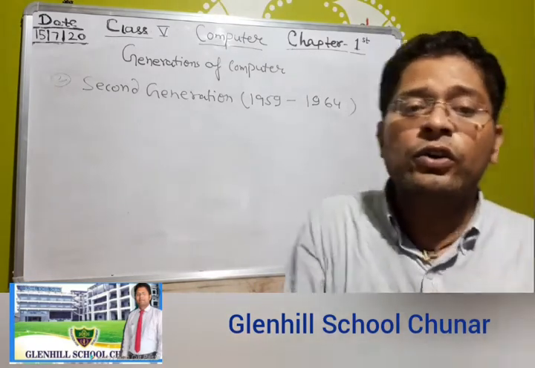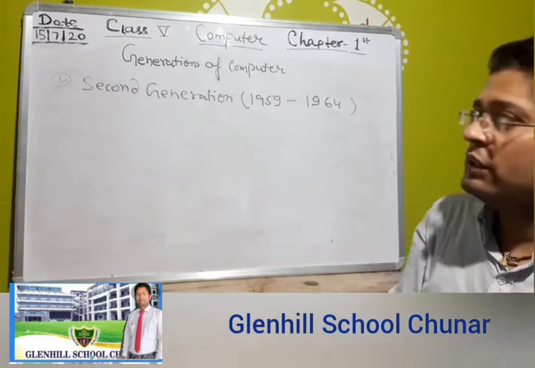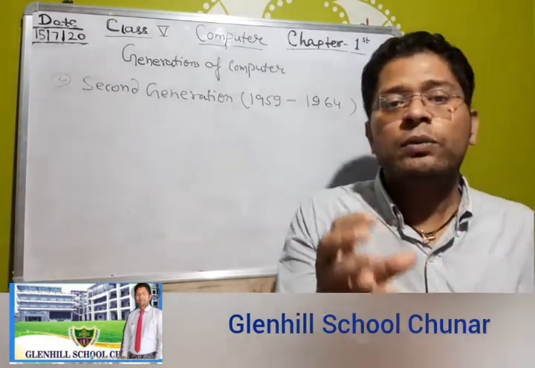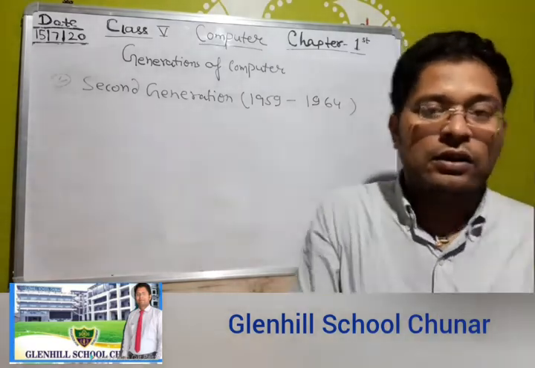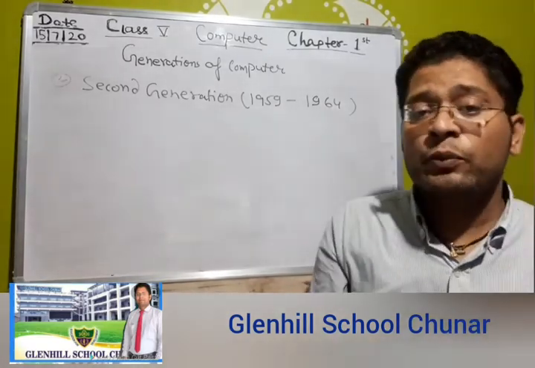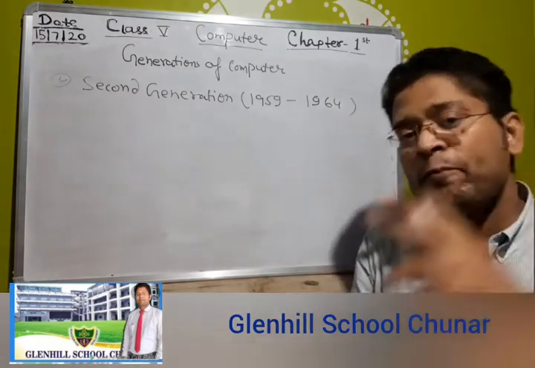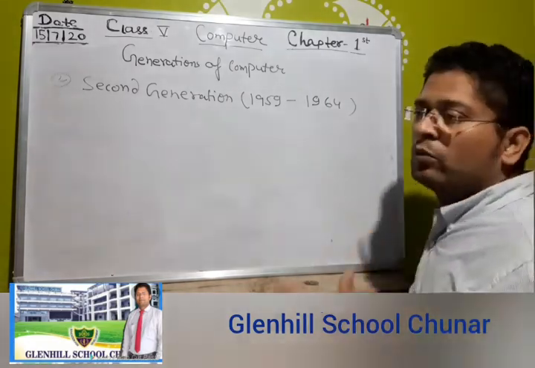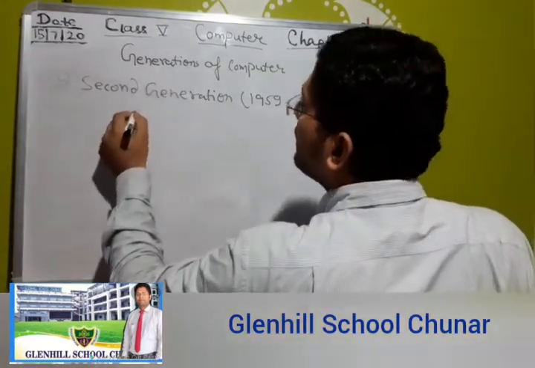The more advanced computers developed were second generation computers. The second generation computers were introduced in the late 1950s, which replaced the vacuum tube with the transistor. The vacuum tube was used in the first generation, and here we use the transistor.